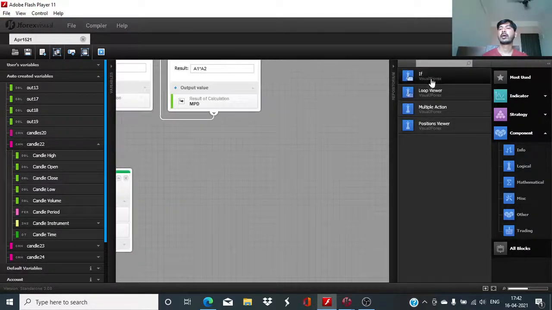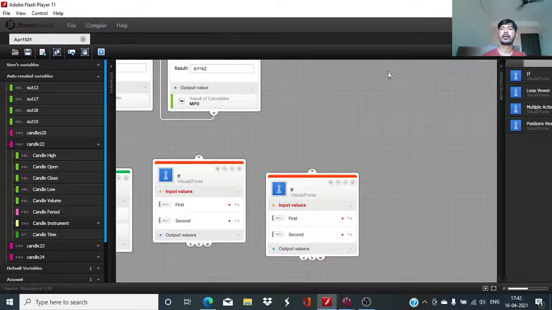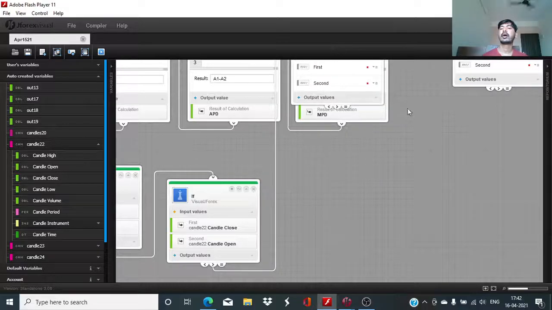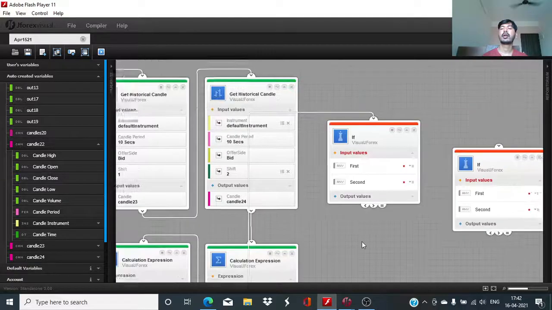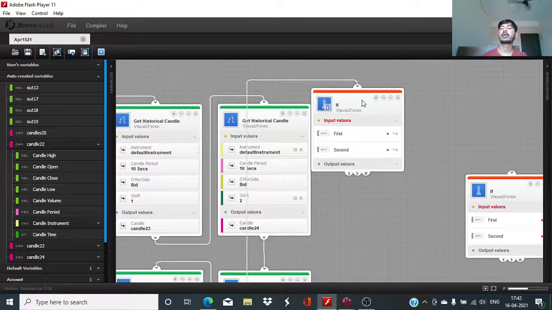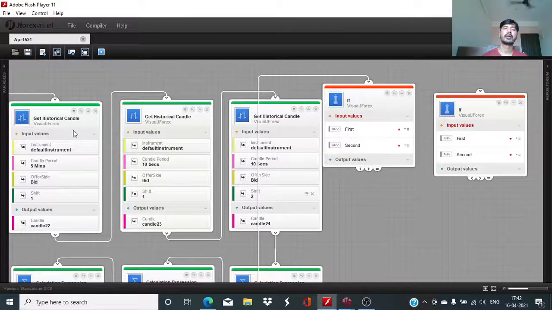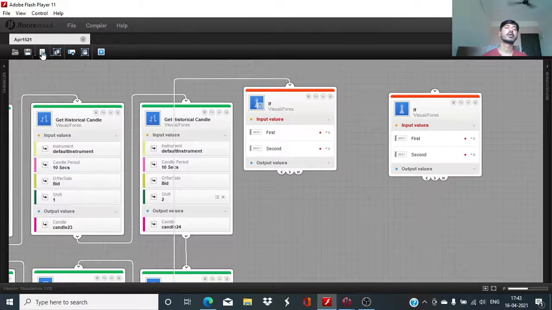Okay, and then all we have to do is define the exact execution points, for which we, as is the customary practice, take into consideration the last two 10-second blocks and the prior 5-minute candle in this case. So we will have to compare candle 23 and candle 24 closing prices.